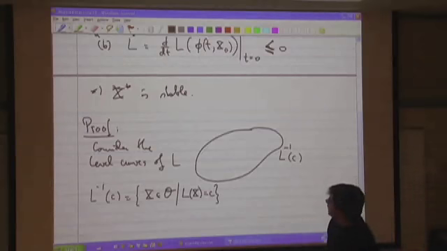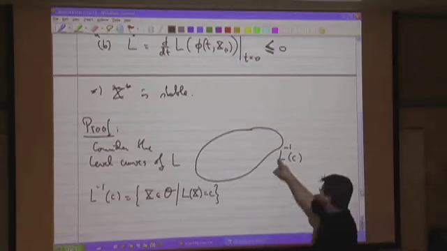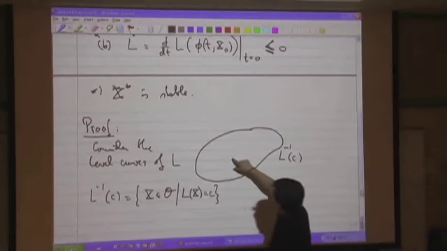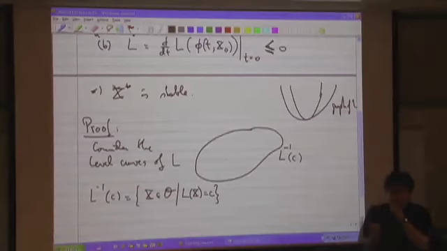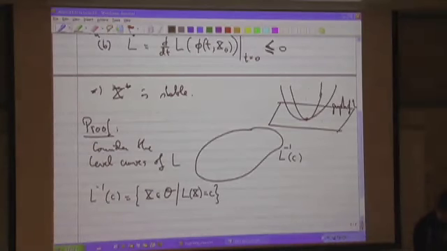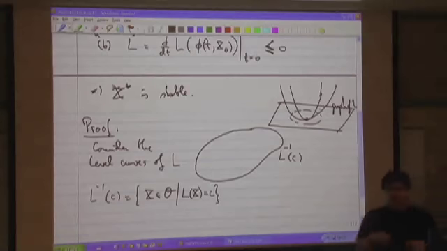Well, if L is continuous and nice and differentiable, and it has that property, this is the graph of L, right? It has a minimum. So if this has a minimum, this means the level curves are basically going to be closed curves, right?